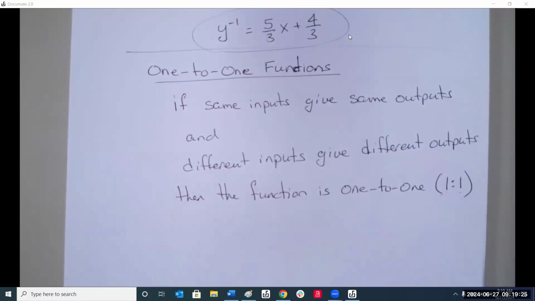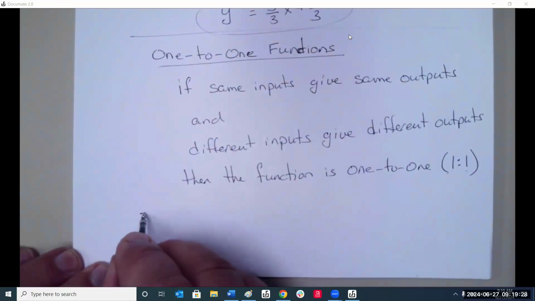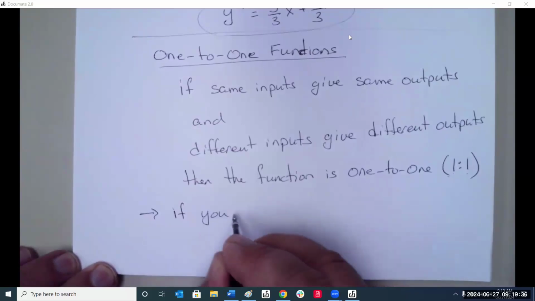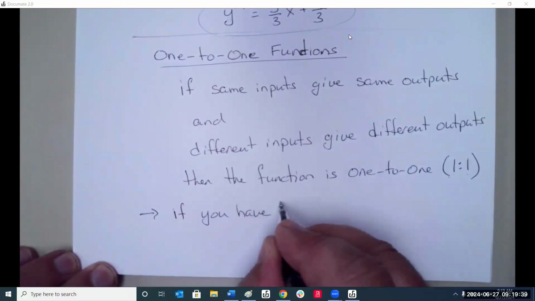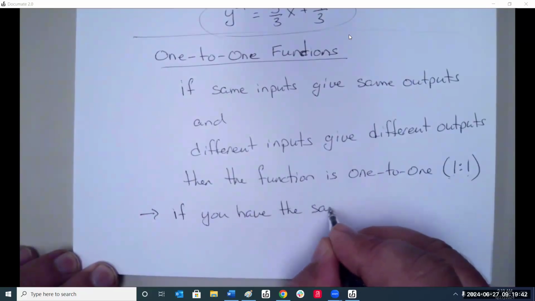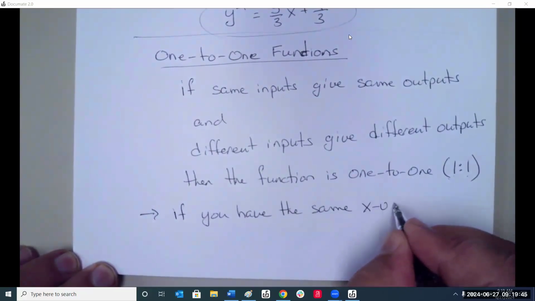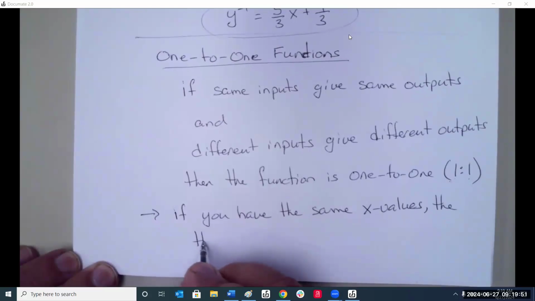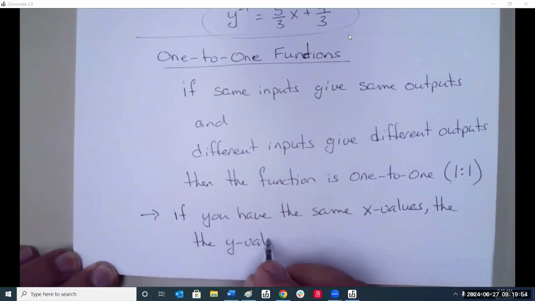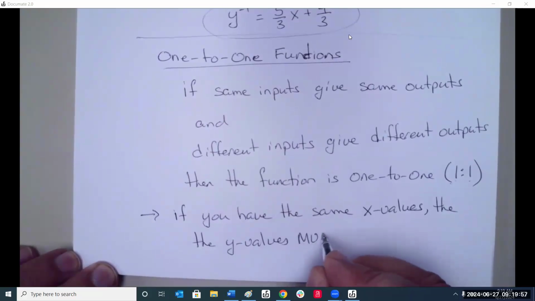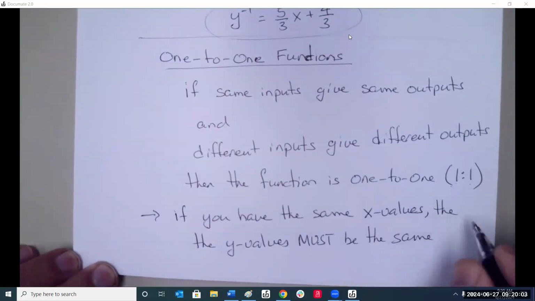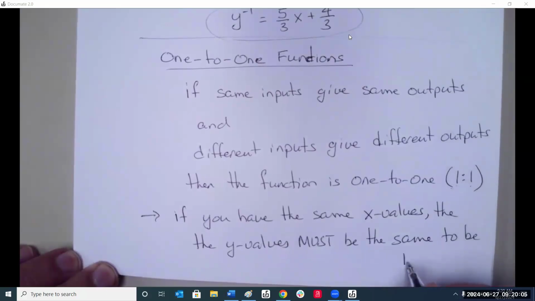In English, what that means now is if you have the same x value, then the y values must be the same, to be one-to-one.